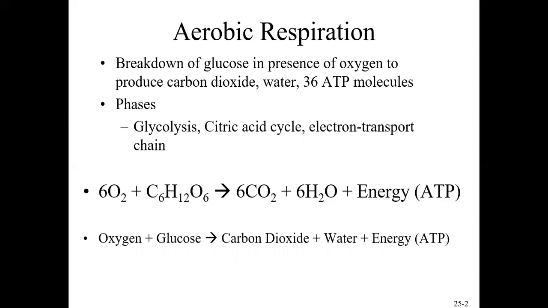It's breaking down the molecule glucose in the presence of oxygen. And the goal is to make energy. This is how your cells, trillions of cells that you have, this is how your cells produce the ATP energy molecule that they need to go through their chemical reactions from using glucose, which is a simple sugar.